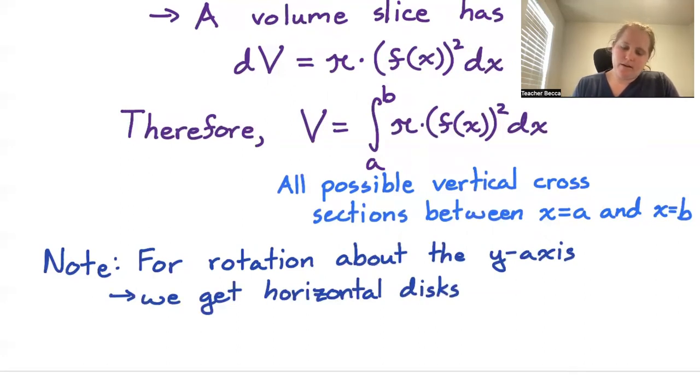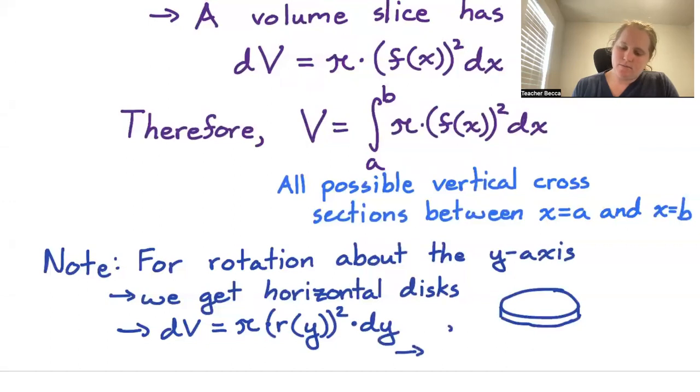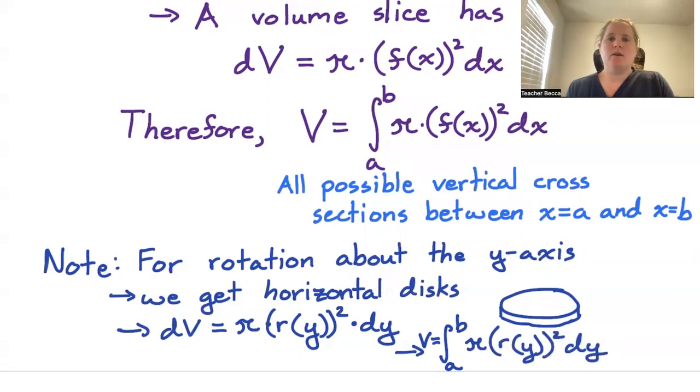And we get that our dV is going to be pi times r squared, where r will be a function of y, squared. And then we would do times dy, because if we have a horizontal disk, that height is in the y direction. Our volume is the integral from a to b of pi times r of y squared dy. So this is a nice trick that we have available to us if we can break our solid into just solid disks.